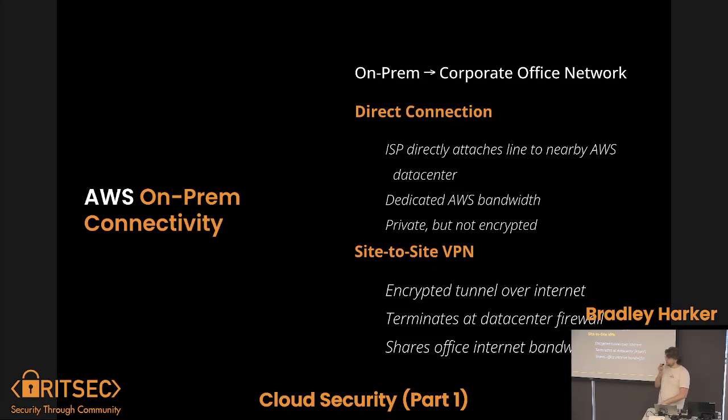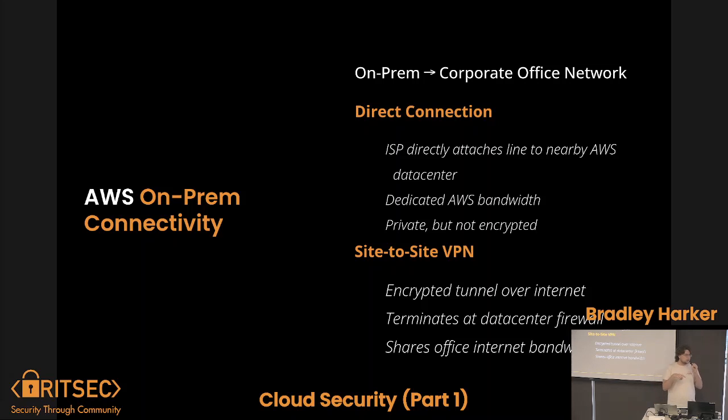So you have two different options. One, I'm going to talk about first, actually the bottom one. A very common thing that we do, especially in enterprises, is having a site-to-site VPN. This means that your network will have an encrypted tunnel over the internet that then terminates at AWS's data center.